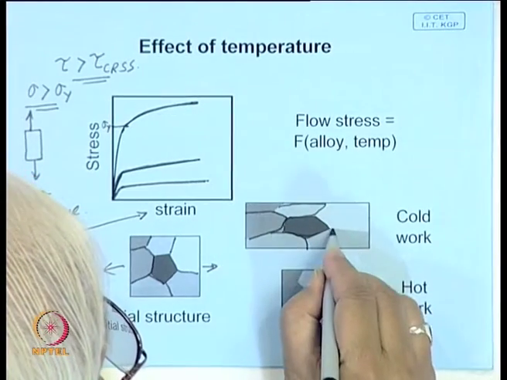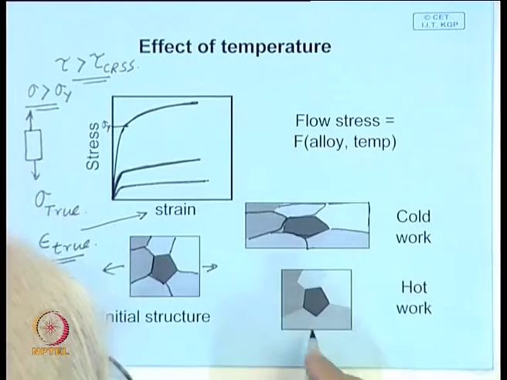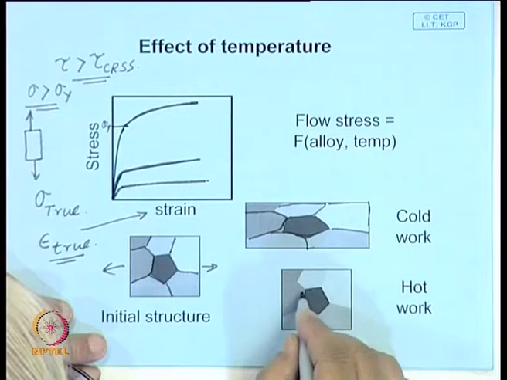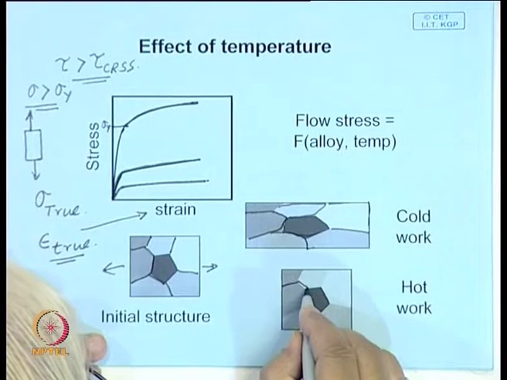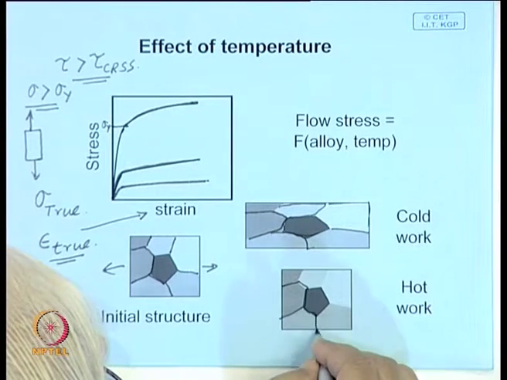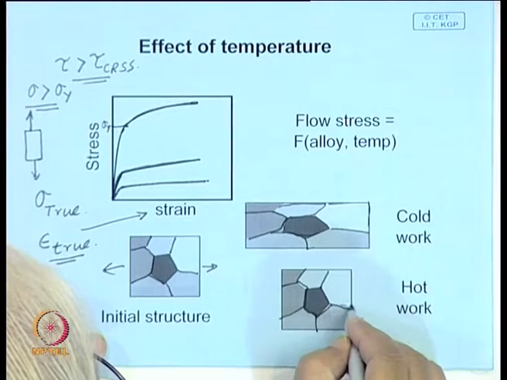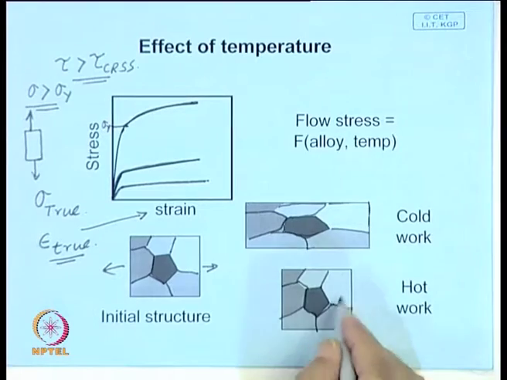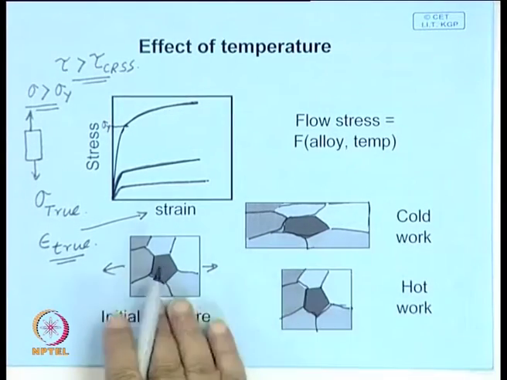So, this is how the deformation proceeds. But when you work at a higher temperature, after hot working, if you look at the structure, you may find it still has a similar type of equiaxed grains. So, apparently the hot worked structure, before working and after working, may be the same.